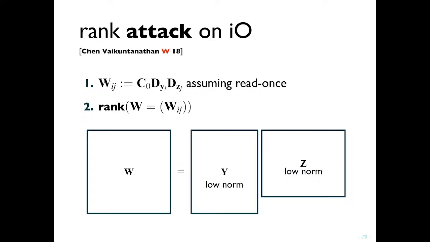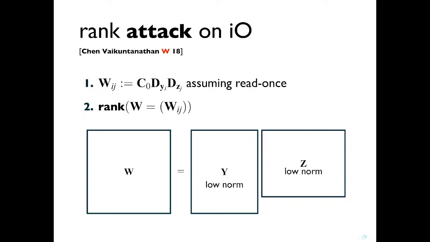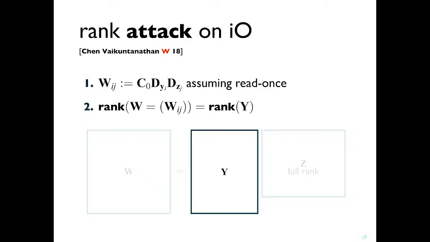Now it turns out that these matrices Y and Z are going to be low norm, so this is an equation over the integers. Moreover, heuristically, the matrix Z is going to have full rank. So this means that the rank of W is the rank of Y.